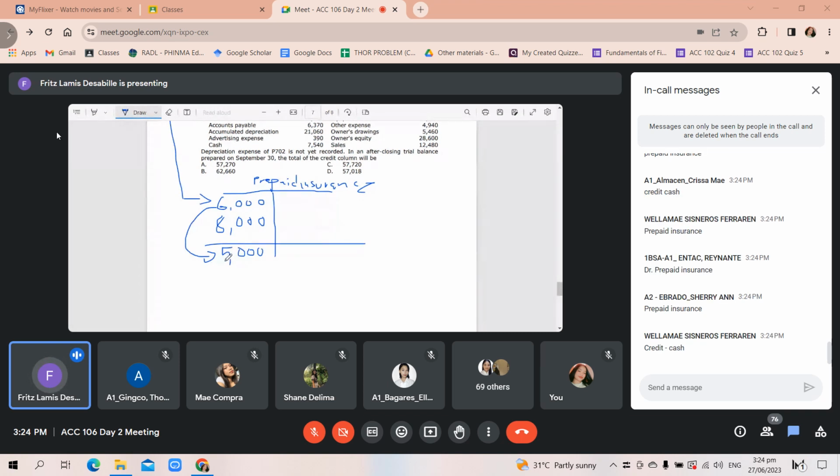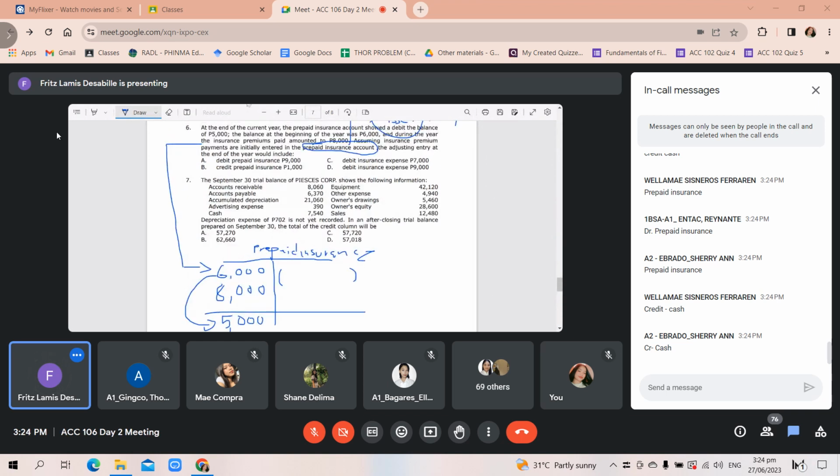So therefore, during the year, pila man nga insurance atong na-consume para mabutang nato diri sa credit nga side. Pila atong na-consume nga insurance? 8 plus 6, that's 14.